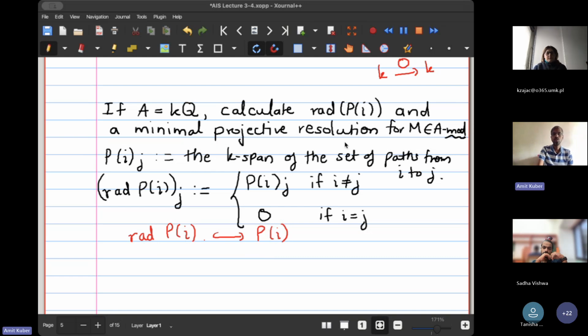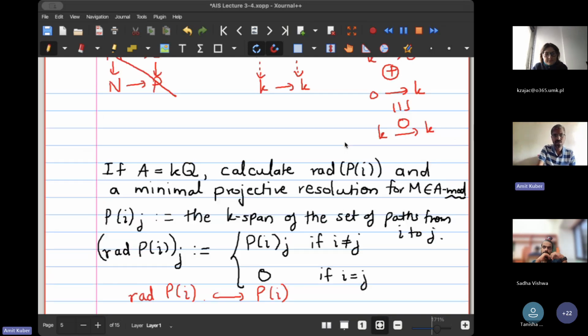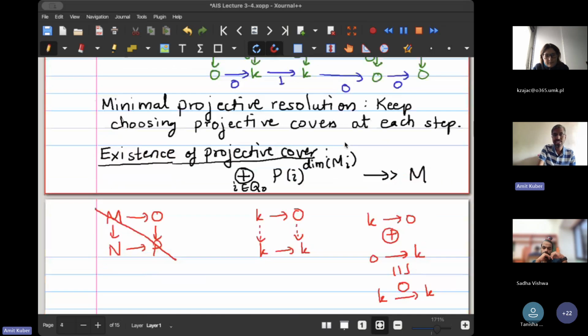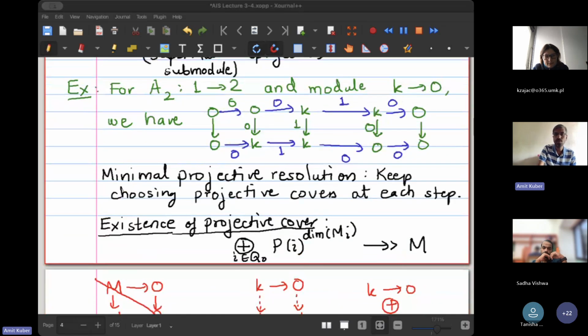Okay. So what I was referring to here is K0. What is the dimension of the vector space at location 1? It is 1. And at location 2, it is 0. So we actually just took the projective module at vertex 1. So P1, one copy we chose.